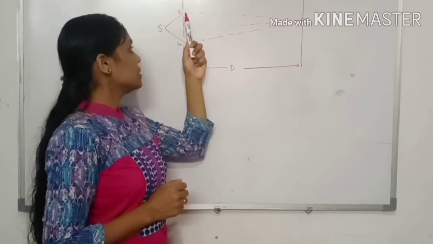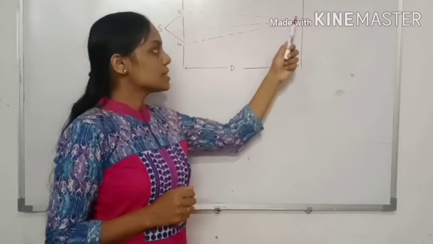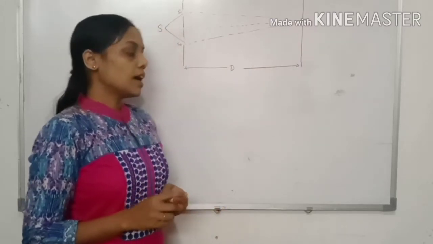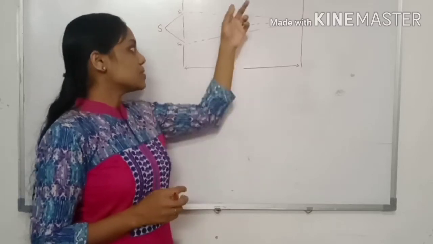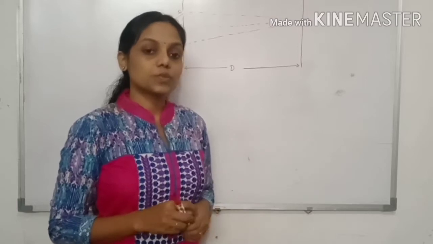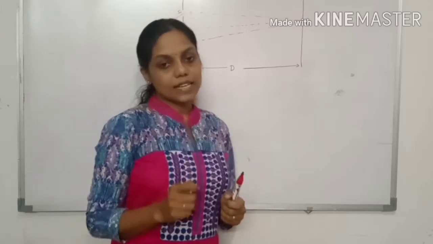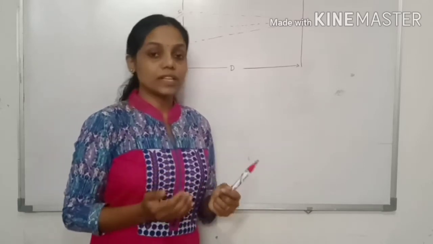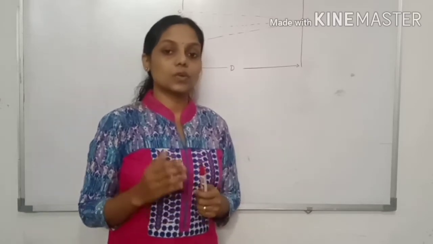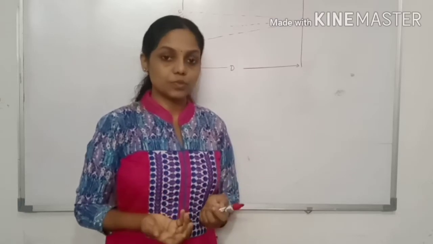From S1 and S2 you have the same distance to the center O, so there is no path difference between the rays emerging from S1 and S2 at O. So at the center point O you will get maximum intensity, a bright fringe.